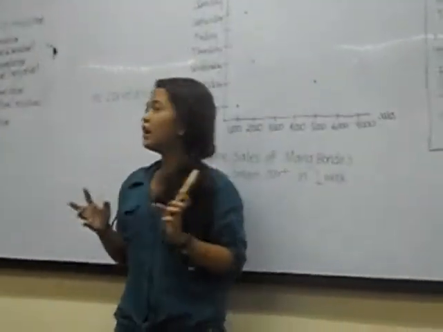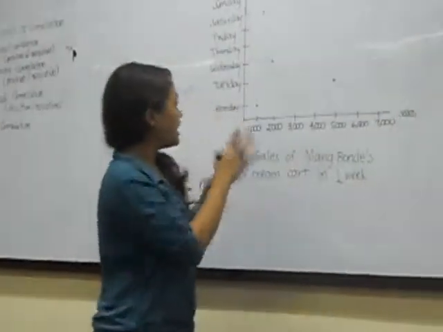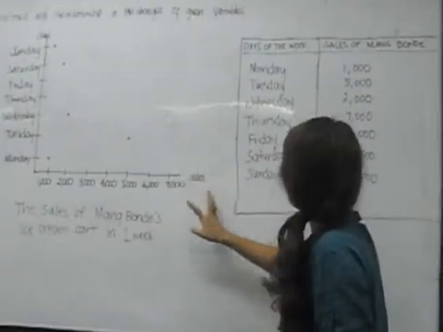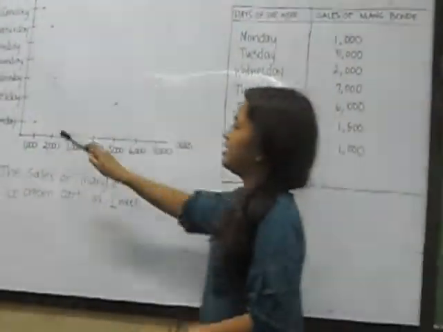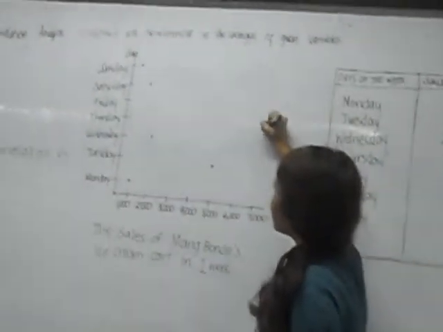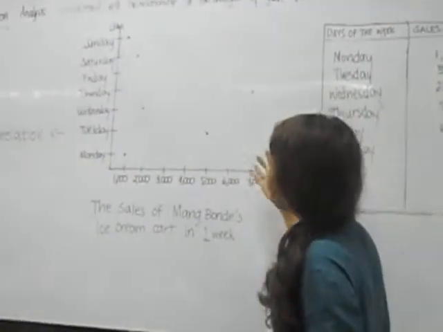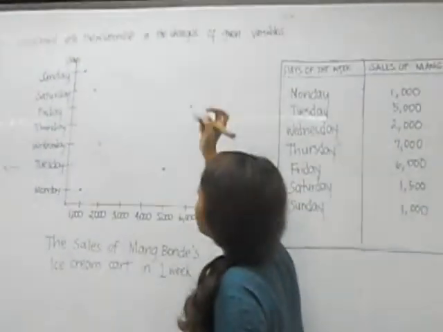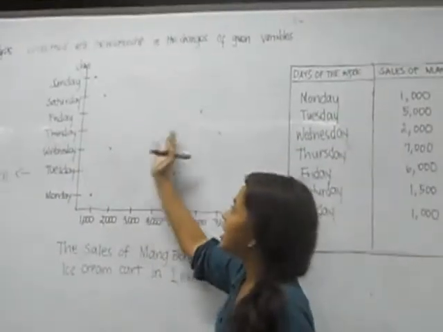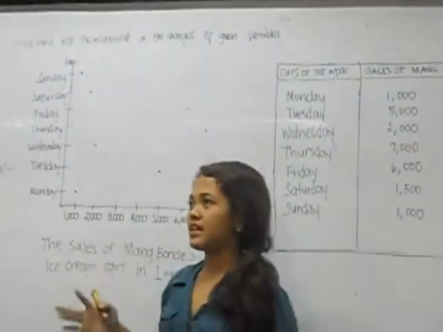So here, I already plotted the points in the table. Monday 1,000, Tuesday 5,000, Wednesday 2,000, Thursday 7,000, Friday 6,000, Saturday 1,500, and Sunday 1,000 sales.